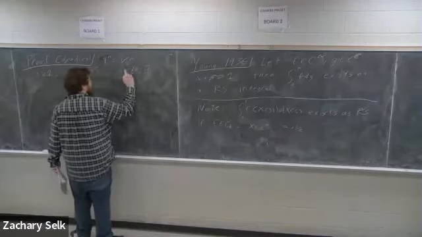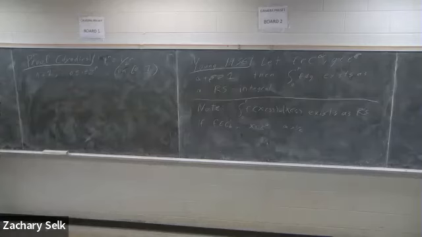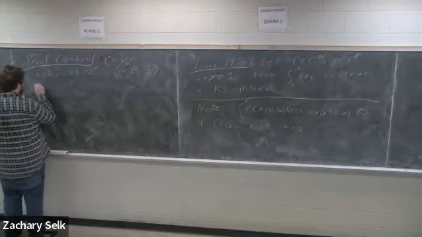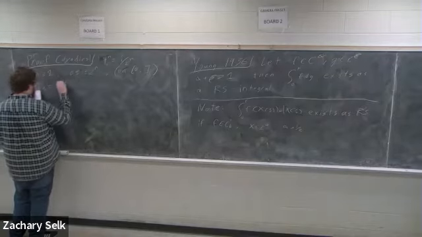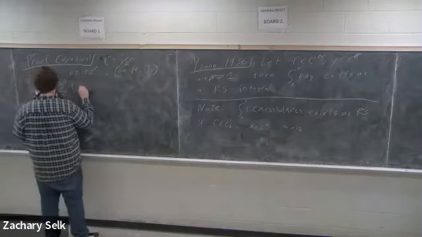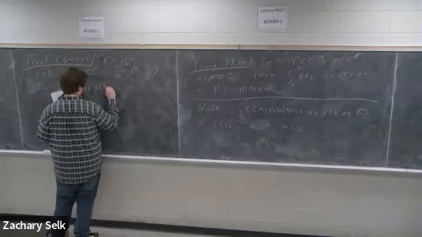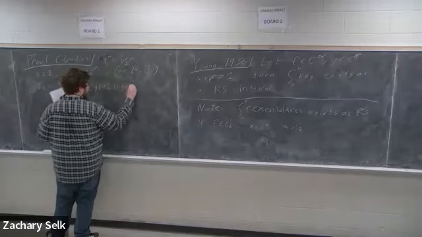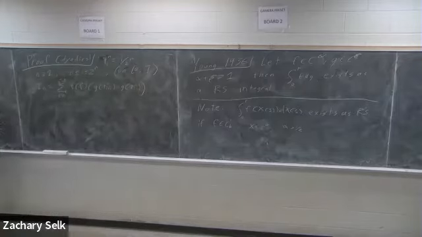Then let's define I_n as the sum from i equals 0 to 2 to the n minus 1 of F of t_i^n times G of t_{i+1}^n minus G of t_i^n. Basically, we just want to show that the limit as n goes to infinity of this exists.